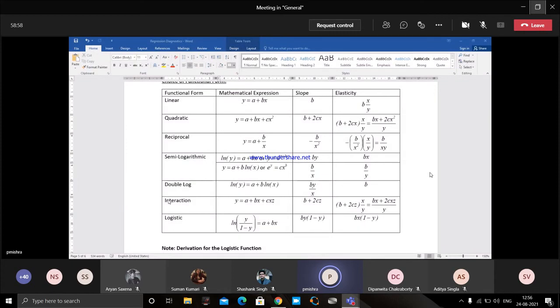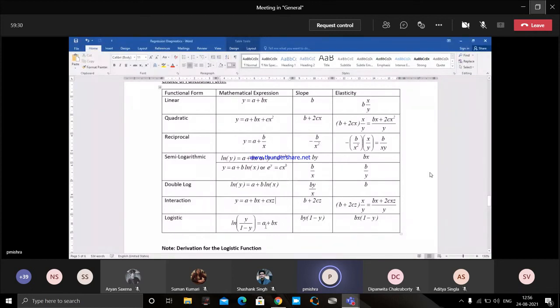This is one possibility. The second possibility is that I will estimate a combined model, but I will control for the groups by adding different dummy variables, the way we did before carrying out the Chow test. Is it clear, Shashank? Yes, it is clear.